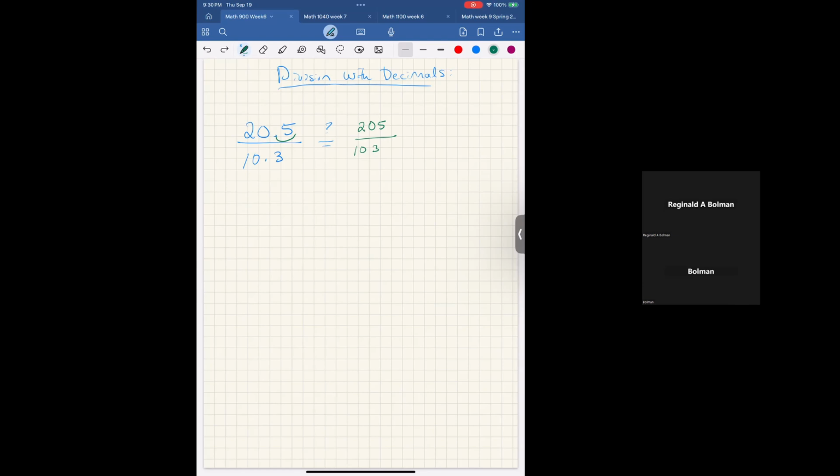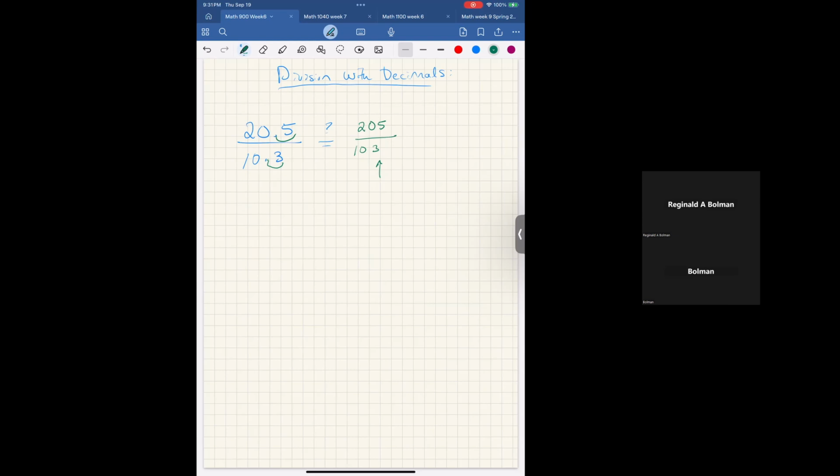So if you multiply 20.5 by 10, that's going to shift this decimal over one place. You would now have 205 in the numerator. And if you multiplied the denominator by 10, this 10.3 by 10, you would have 103. Ergo, turns out that this is going to be a much easier value to work with for a number of different reasons. On the one hand, once you have something that looks more akin to a regular fraction, there are many instances where our fraction rules will then kick in.